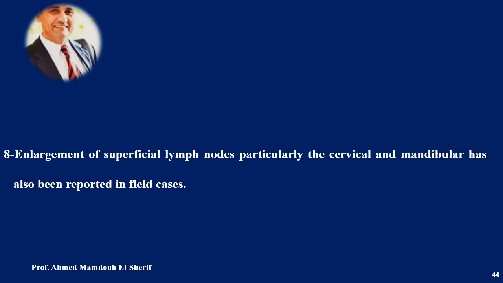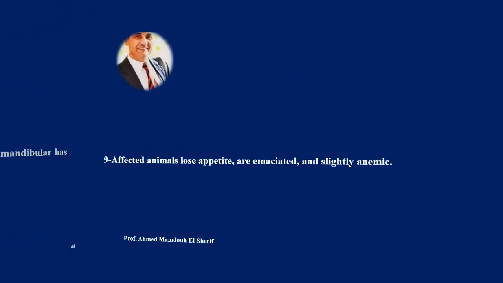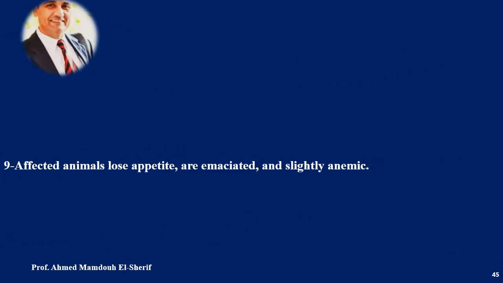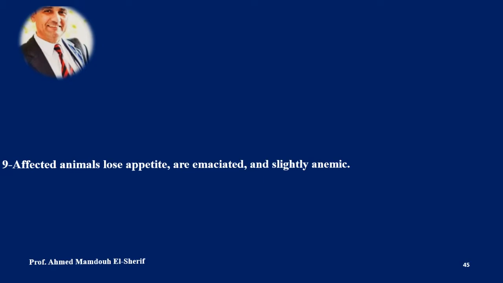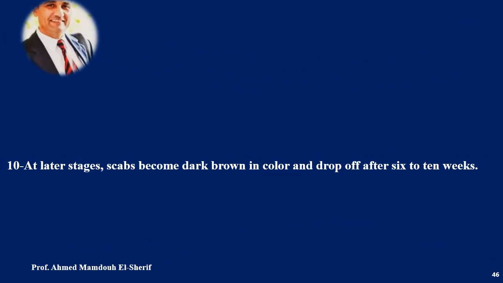Enlargement of the superficial lymph nodes, particularly the cervical and the mandibular, has also been reported in field cases. Affected animals lose appetite, are emaciated, and slightly anemic. At later stages of the disease, scabs become dark brown in color and drop off after 6 to 10 weeks.